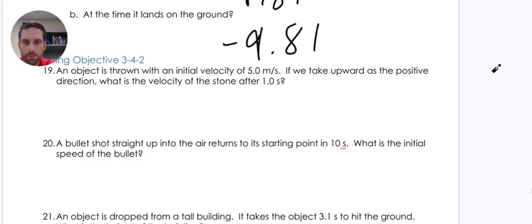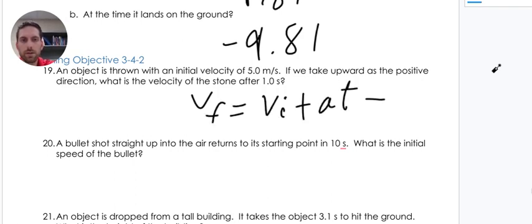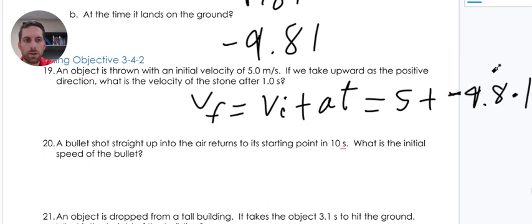So V final equals V initial plus AT. 5 plus negative 9.8 times 1, or negative 4.8 meters per second.